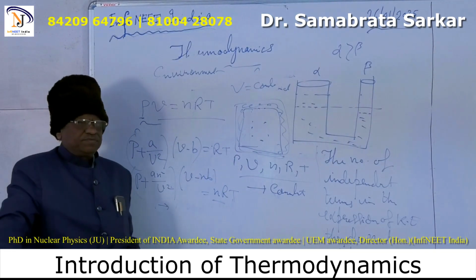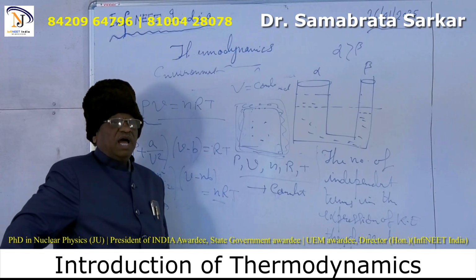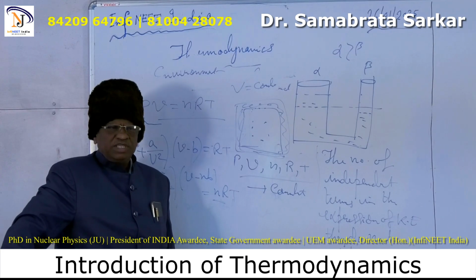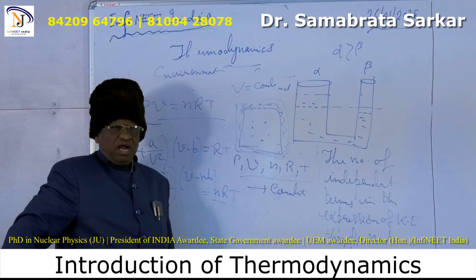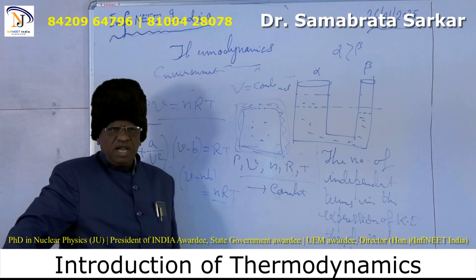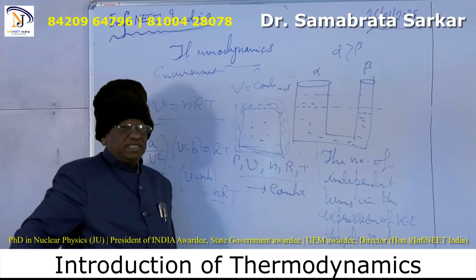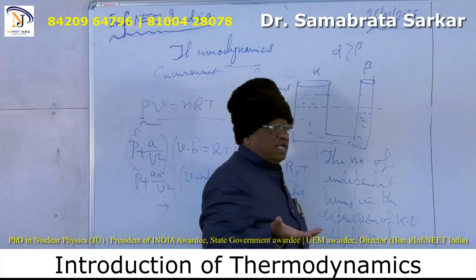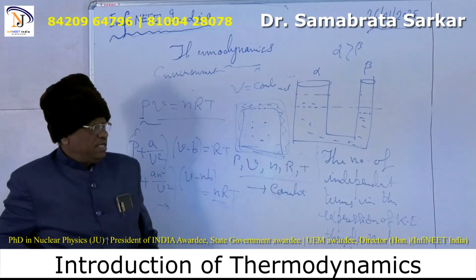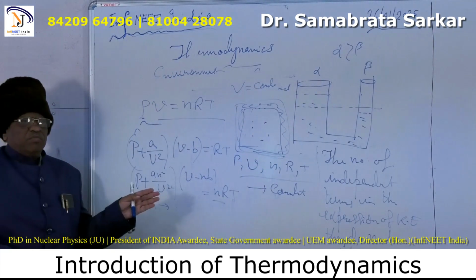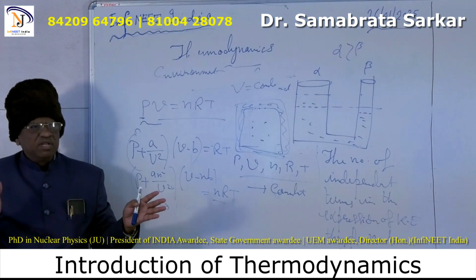In nature, we do not get any gas which is an ideal gas. We can assume certain gases like nitrogen, etc. are nearly ideal gas. But in reality, real gas is observed. In real gas, the attraction between molecules is not negligible. You take a note.